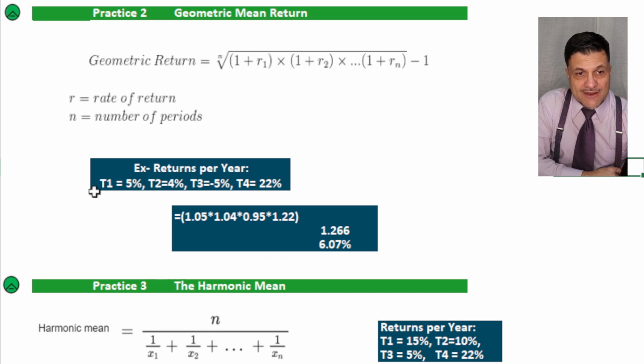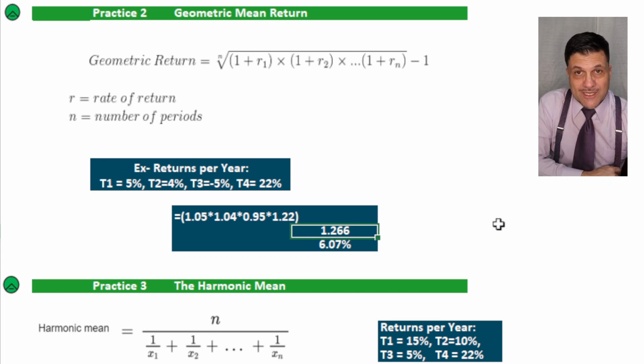Well, the average return is 1 plus 5%, which is 1.05. Multiply by 1 plus 4%, which is 1.04. Multiply by 1 minus 5%, which is 0.95, 100% minus 5%. And 1 plus 22%. Multiply, and you're going to get 1.266. Then you're going to have to average this. How many years do I have there? 1, 2, 3, 4.